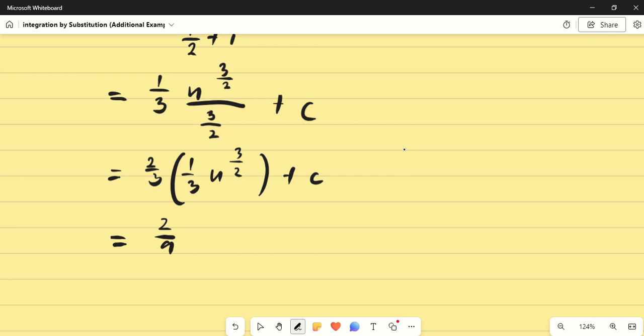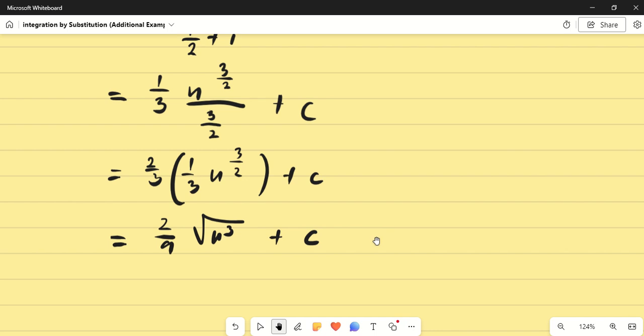And then you transform u raised to 3 halves back to its radical form. So you'll be having square root of u raised to the 3rd power plus the arbitrary constant c. And if you can still remember, the exponent of your radicand should be lesser than the index.